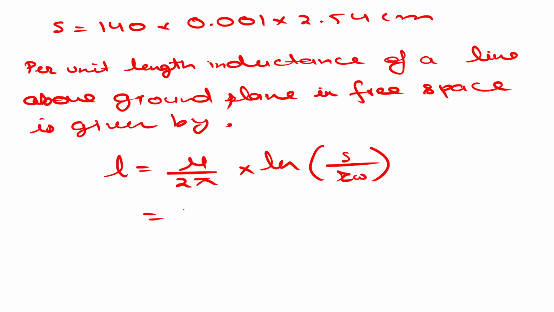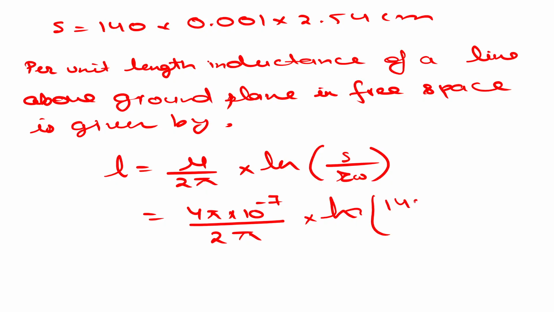Mu is mu naught into mu r, where mu r is 1 since it's a non-magnetic material, so mu is mu naught here for free space, divided by 2 pi into ln of s, which is 140 into 0.001 into 2.54, divided by the radius of the wire.